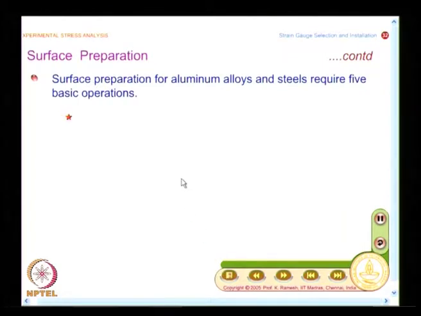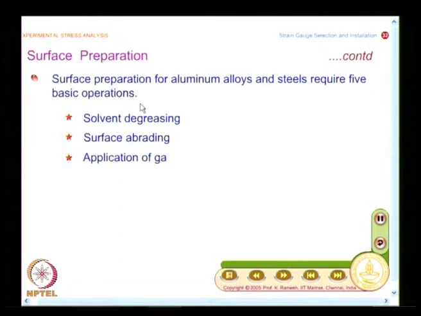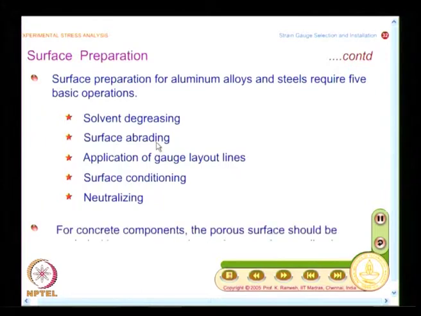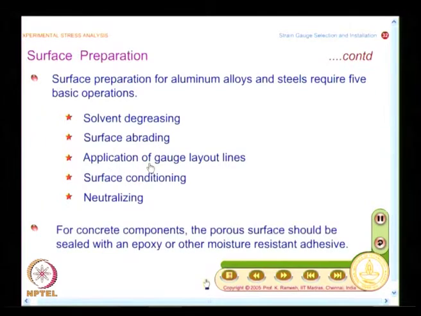And for aluminum alloys and steels, the surface preparation requires 5 basic operations. So, it depends on the base material. The steps are solvent degreasing, surface abrading, application of gauge layout lines, surface conditioning and neutralizing.